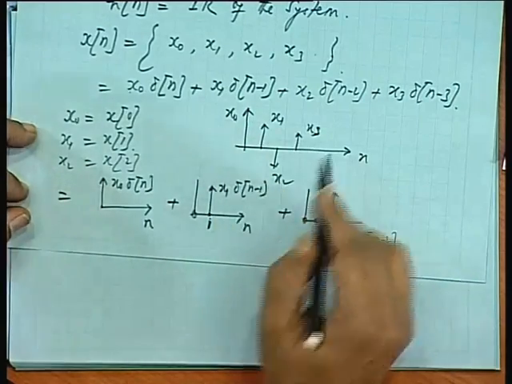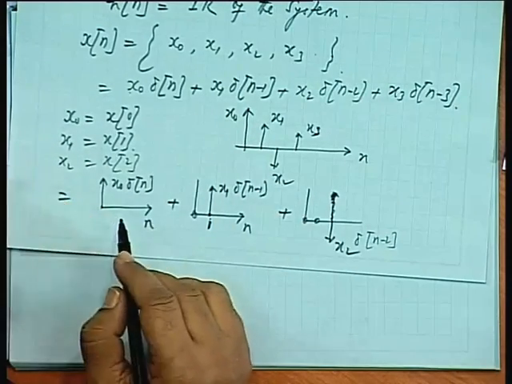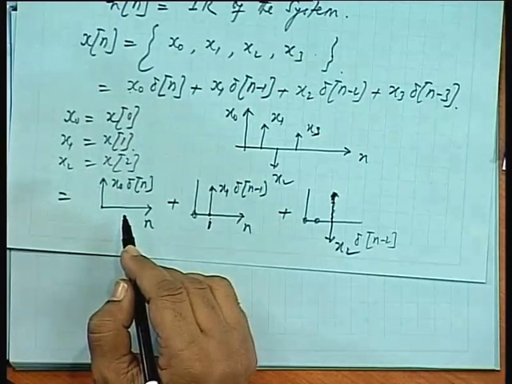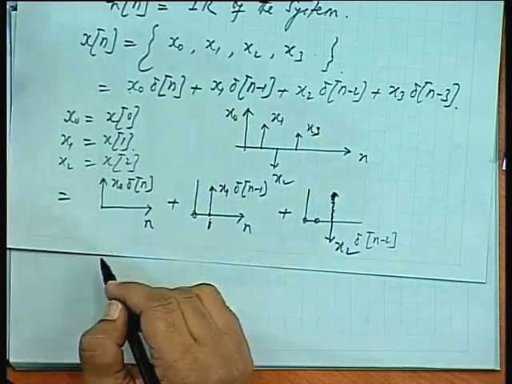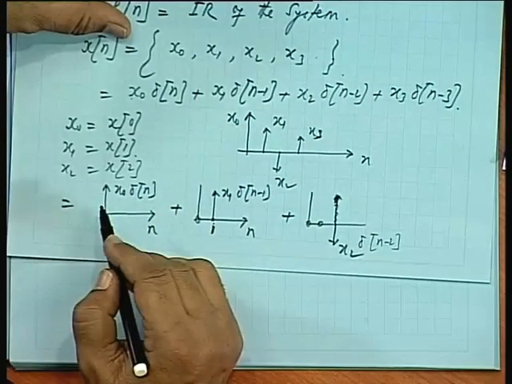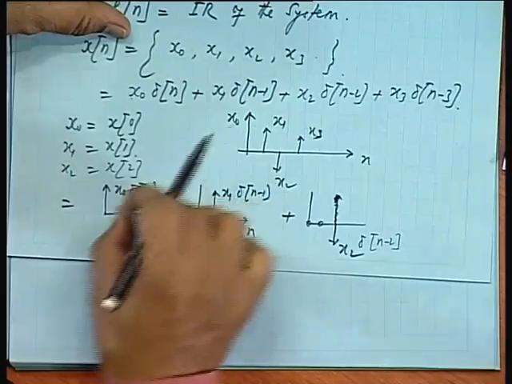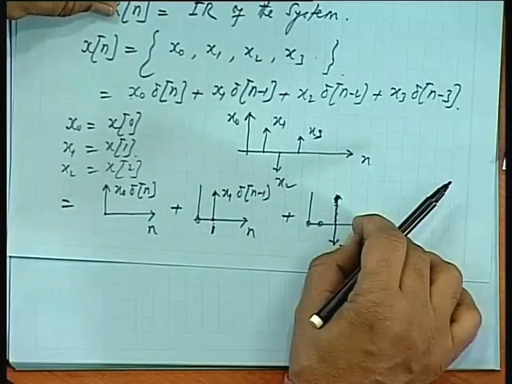So basically this sequence can be conceived as impulses of different magnitudes occurring at different instants. This is basically the sequence written in component form.